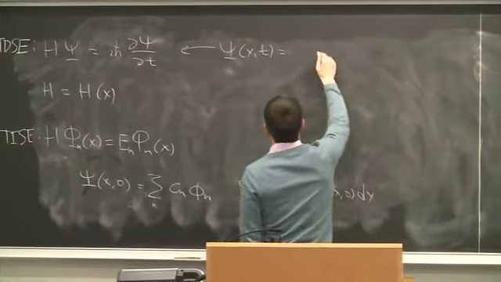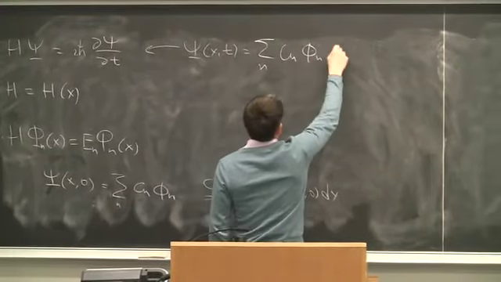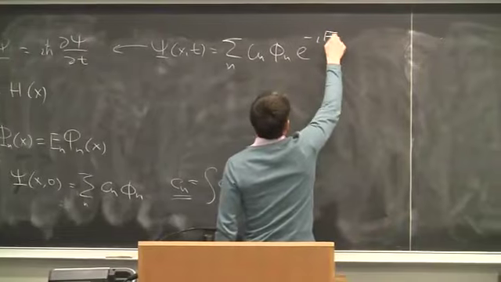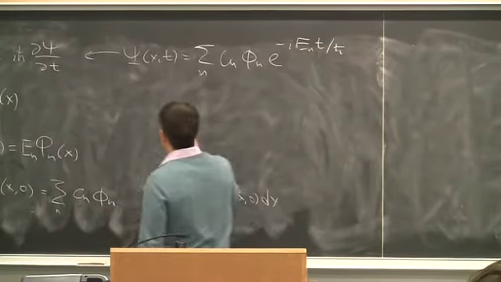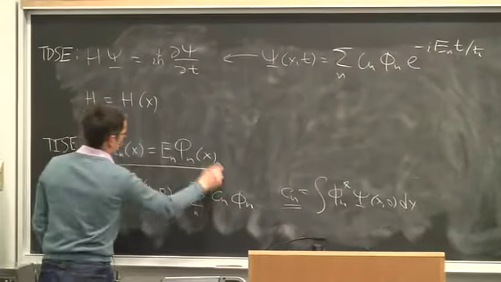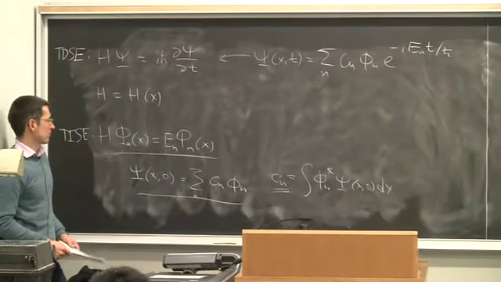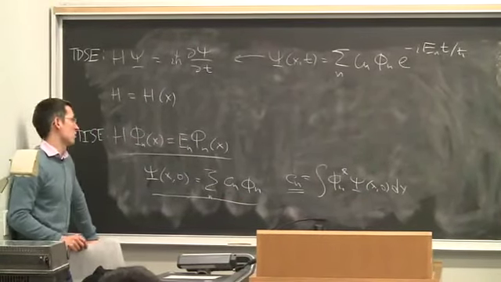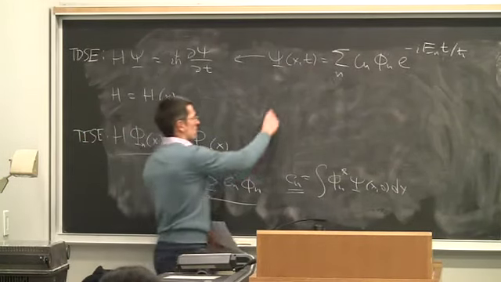You use the same expansion and you add these exponential factors, right? So that's the solution for the time-dependent equation. For that, you need the solution of the time-independent equation and initial conditions. So this is not a trivial problem to solve, and we solved it for particle in the box.